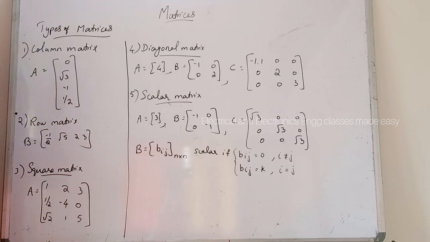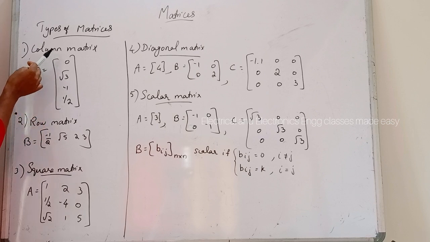Next is types of matrices. First one, column matrix. A matrix is said to be a column matrix if it has only one column. So A is equal to 0, root 3, minus 1, 1 by 2. Here there is only one column, so this is a column matrix.